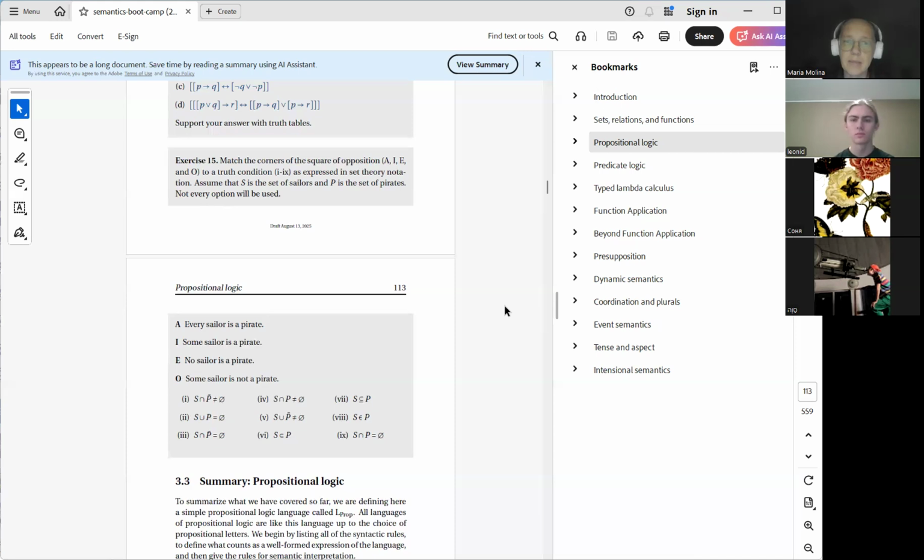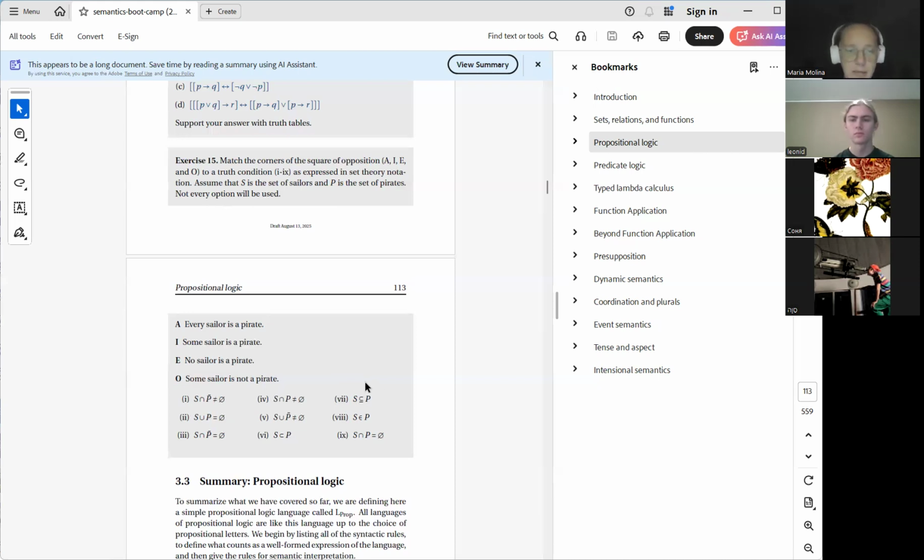Okay, I agree. There's a big difference. So there is a possibility that every pirate is a sailor. So we just have to include the equality of the sets in the formula. So it should be number 7.